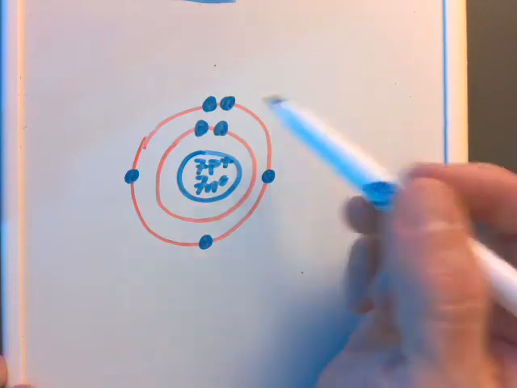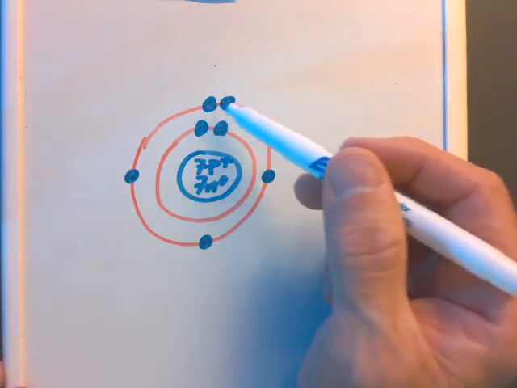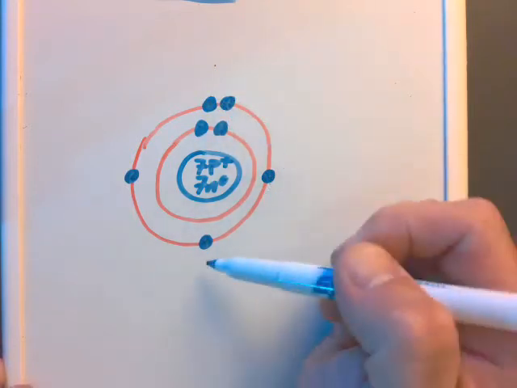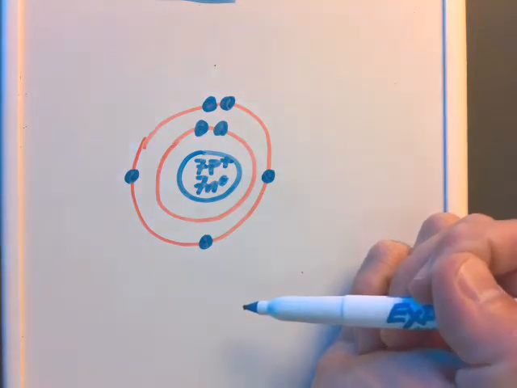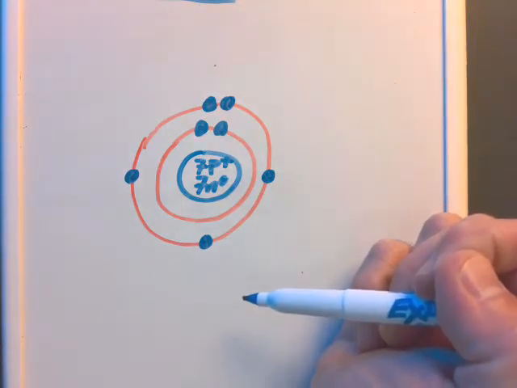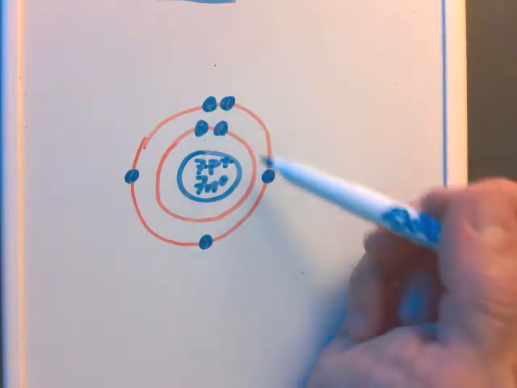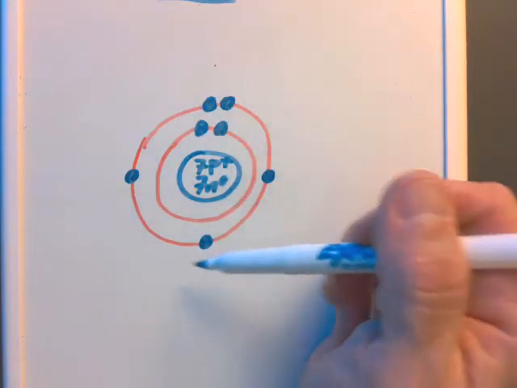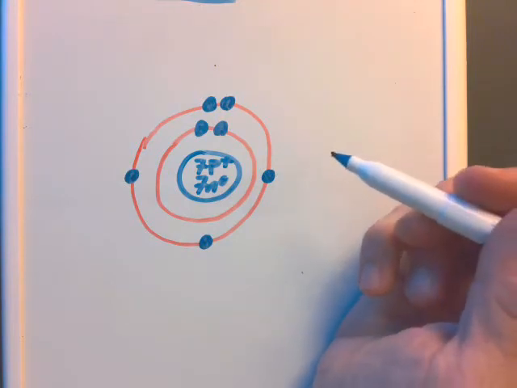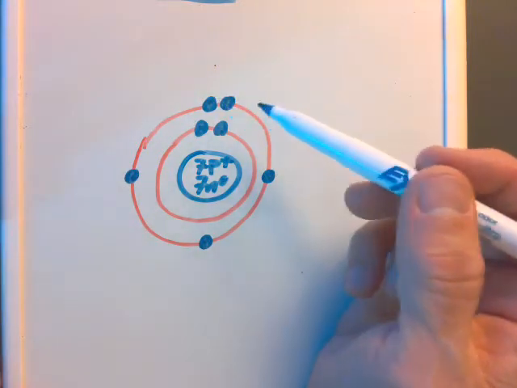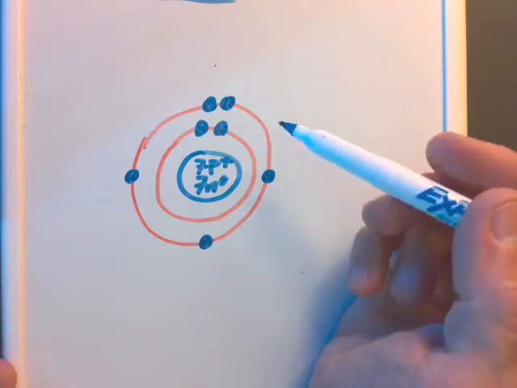When I'm done, that outermost shell has 2 electrons paired with each other and then 3 each off by themselves. That makes a difference. Something you'll see in week 2 is that not only the number of electrons in that outermost shell, but also the arrangement makes a big difference. And if you get into the habit of placing them the way that I just did, it will save you a lot of trouble.